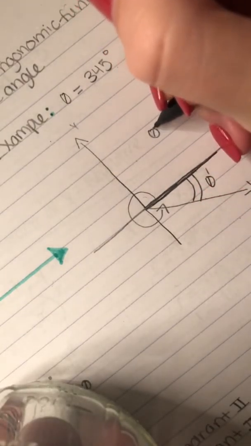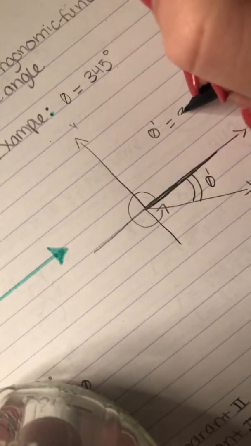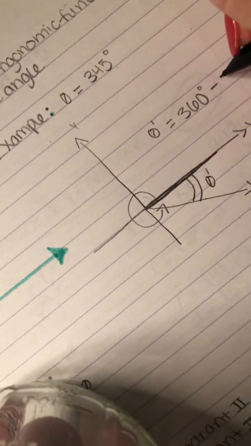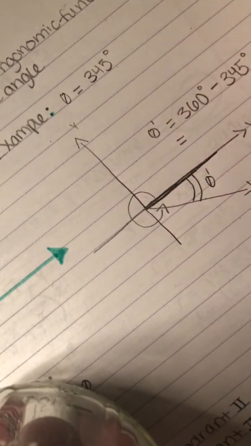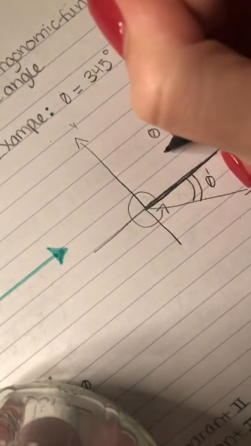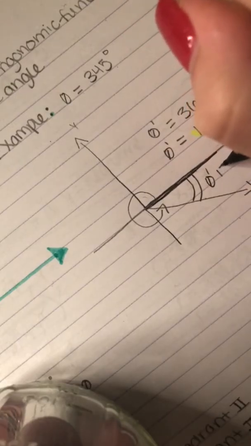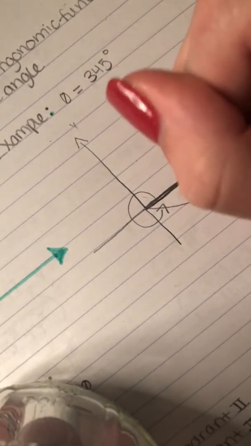So our reference angle is going to equal 360 degrees minus 345 degrees, which overall equals 15 degrees. So that would be our final answer. Our positive acute angle, our reference angle, equals 15. So this angle right here is 15 degrees.